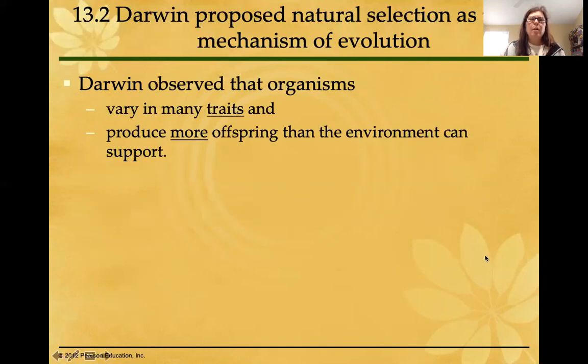So Darwin, like I said, observed this in organisms. They vary in traits. And we want varying traits in a population. We want variation in a population. When we do not have variation, this is where we lead to problems. If an environment changes, that population may not have the ability to cope, to survive it, and the whole population dies.